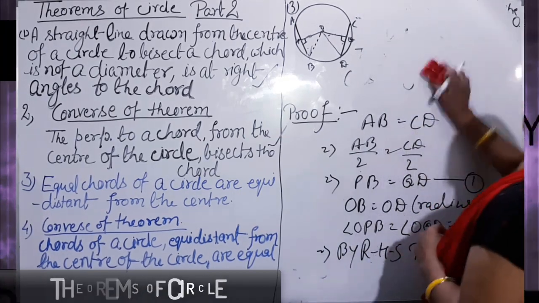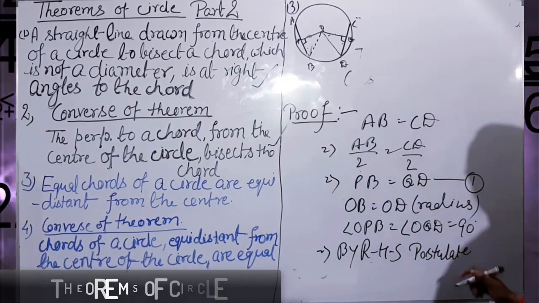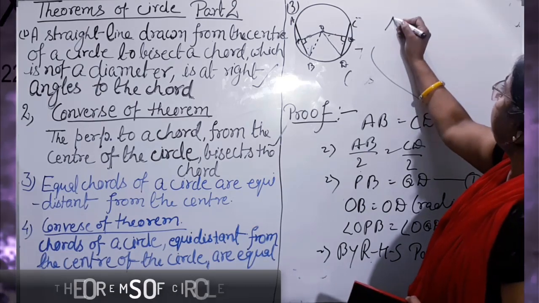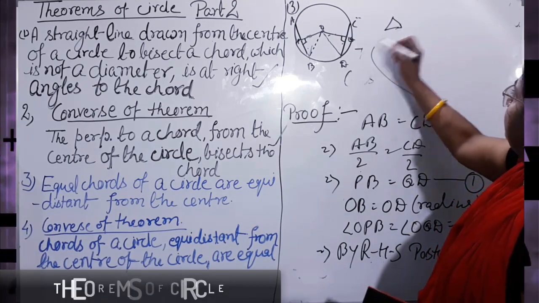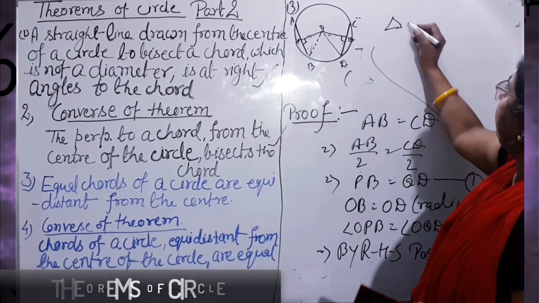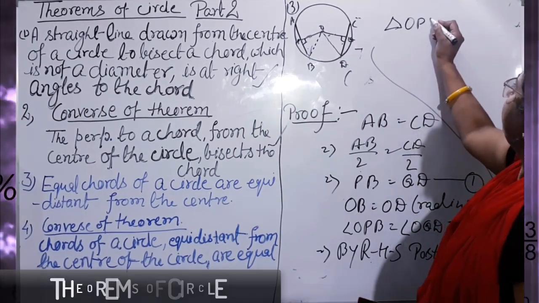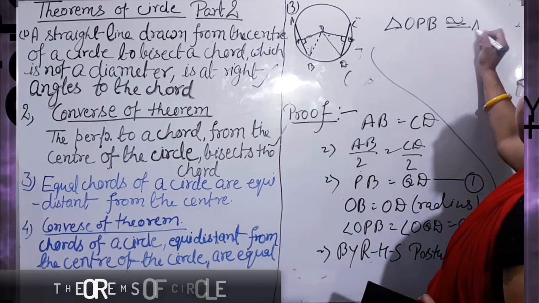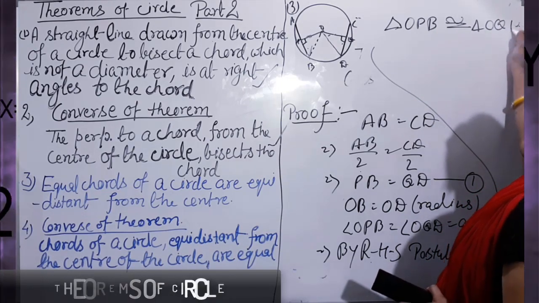I am writing from here. Triangle OPB congruent to triangle OQD.